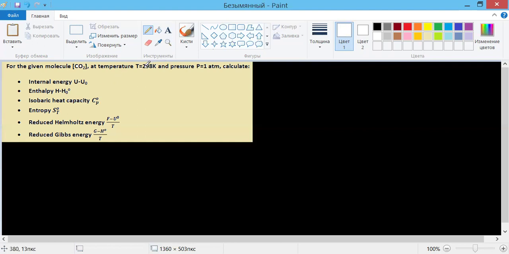Electronic component is also taken into consideration. Okay, now let's do it. So we can write that U minus U sub 0 is equal to U minus U sub 0 translational plus U minus U sub 0 rotary, okay, plus U minus U sub 0 vibration, right? Okay, and now we're going to calculate each of these three components one by one.